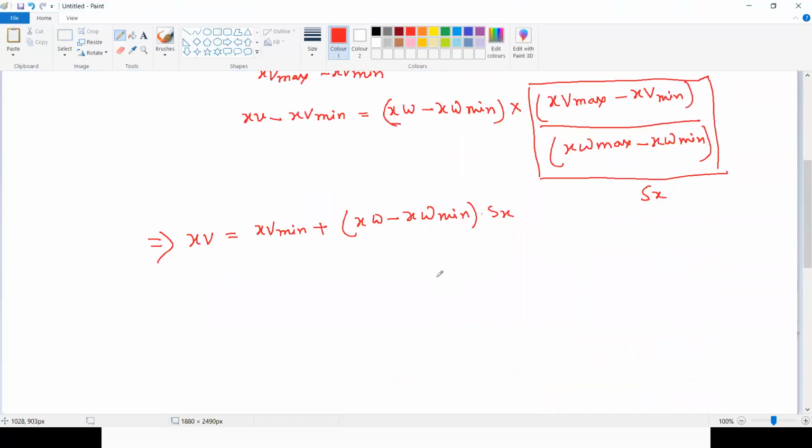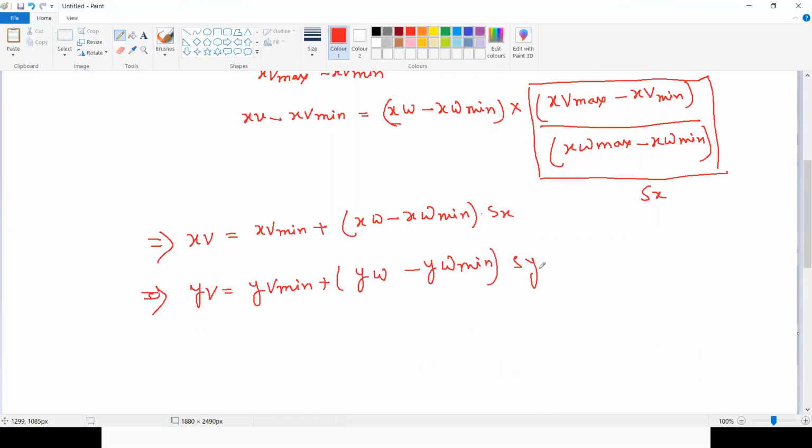Similarly, if you go for the y direction, by deriving the same equation, you can find that yv is equal to yv min plus yw minus yw min into Sy.